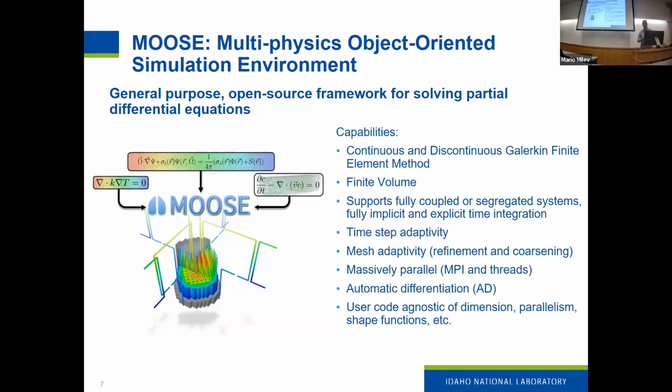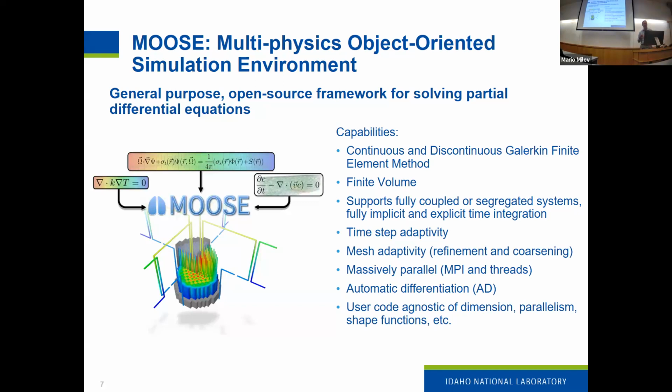We also have a lot of capability for parallelization, both using MPI parallelization and multi-threading. That allows us to run efficiently on large-scale computers to attack big problems. We also have other capabilities, things like automatic differentiation, which is important for implicit time step problems, using the scheme that we use.